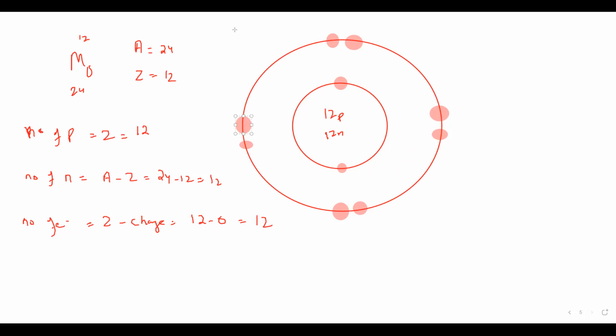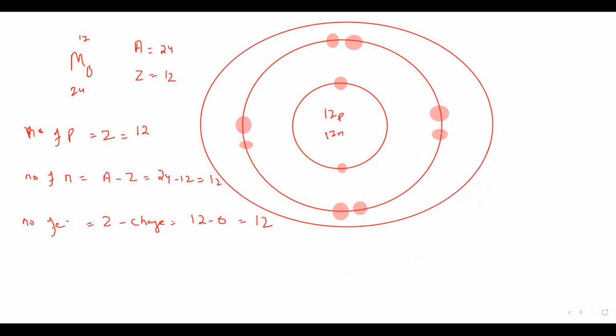And then I have to draw the third shell. Third shell maximum can have 8 or 18. But I'm only left with 2, so I will arrange 2 electrons. So what is the group number here? Group number represents the number of electrons in the last shell.